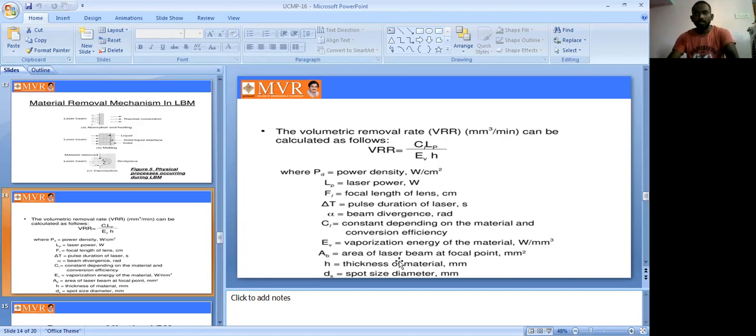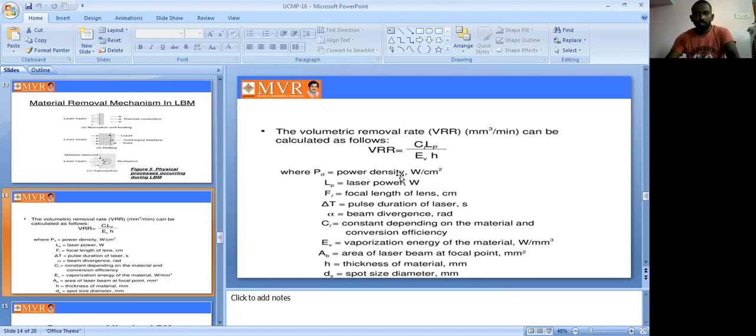It is nothing but the area of the laser beam at the focal point, in mm square. Next, H is nothing but the thickness of the material. Here DS is nothing but the spot size diameter. CT is nothing but a constant depending on the material. LP is nothing but laser power.